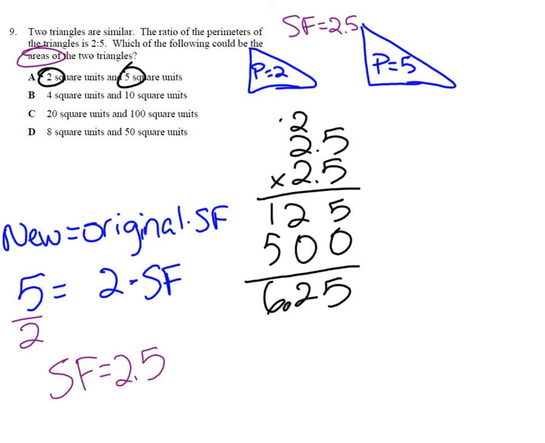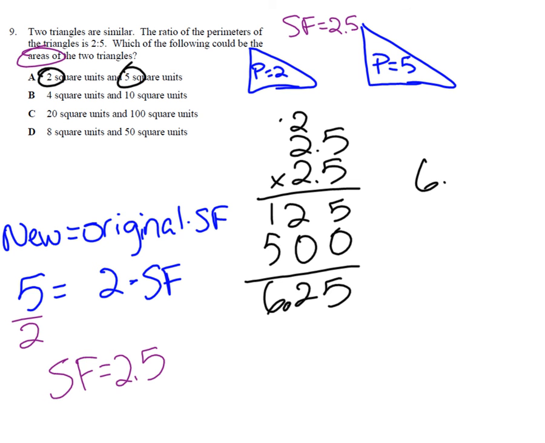2 times 6, does that equal 5? No. How about 4 times 6? Does that equal 10? No, not even close. How about 20 times 6? 20 times 6 is 100? No. How about 8 times 6? Well, that's 48.